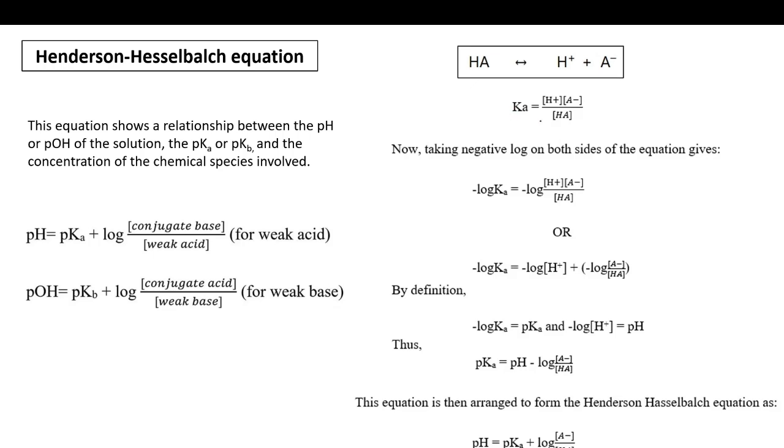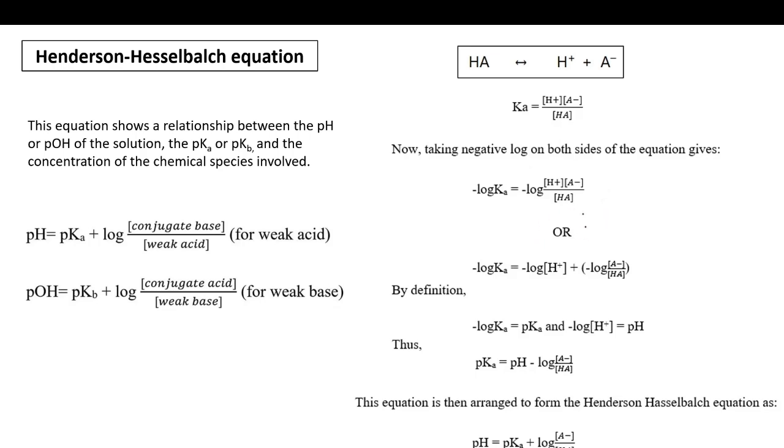Now if you want to calculate the Ka, the acid dissociation constant, you remember how we calculate the equilibrium constant K, as I discussed before. In the same manner, it is the concentration of the products, H plus multiplied by A minus, divided by HA. Now we are taking the negative logarithm on both sides, so it comes as minus log Ka of this.